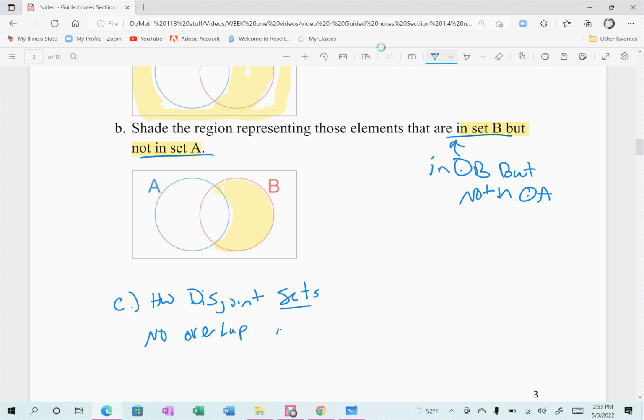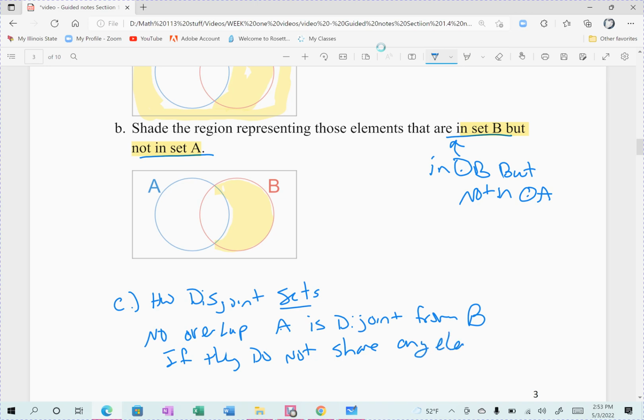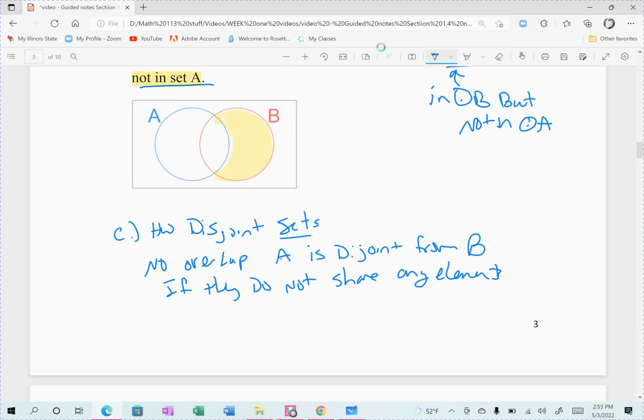Meaning A is disjoint from B if they do not share any elements. If we draw the Venn diagram, we would draw them without overlapping. Circle A would be here, circle B would be there, and there's no overlap because they don't share anything. So if I'm in A, I'm not in B, and if I'm in B, I'm not in A.